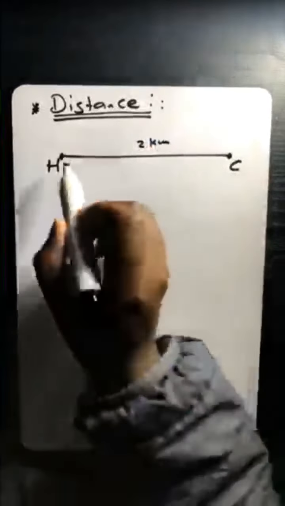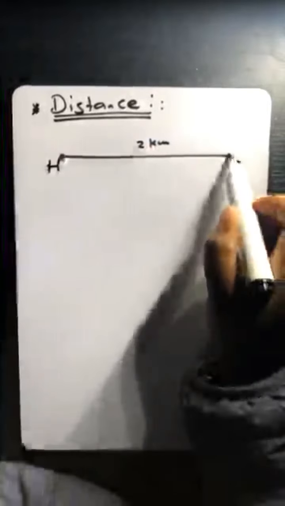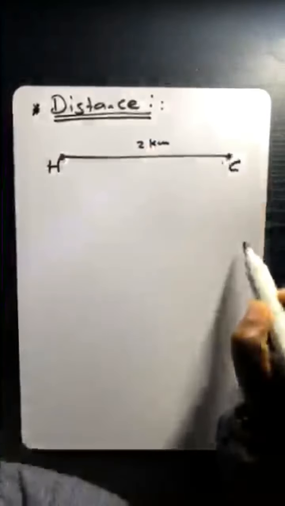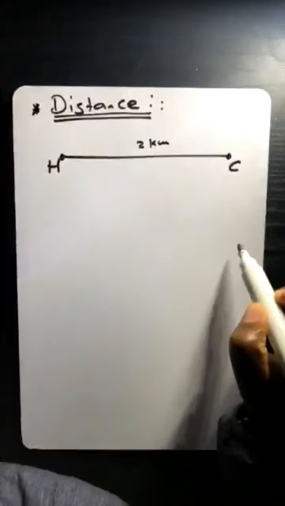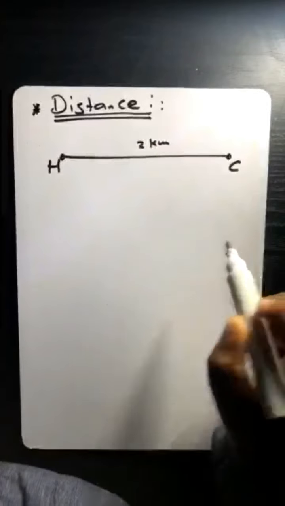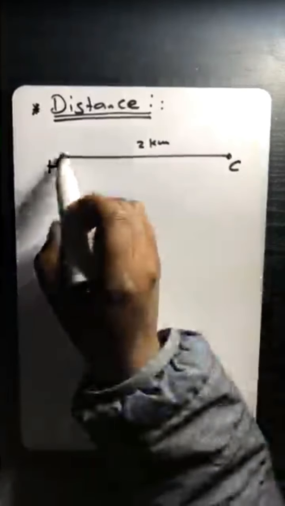If we say this is 2 kilometers, it simply means the length from your house to the clinic is 2 kilometers. There are multiple ways in which we can determine the length from one point to another.